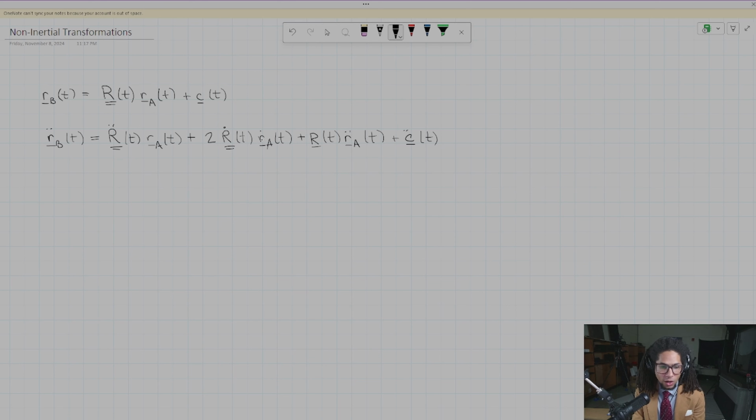So if I want to know what the forces are for RB double dot, I can just multiply this equation by m. So we get mRB double dot. Let me drop my t argument as well, just for the sake of preserving space, is equal to R matrix double dot. Forgetting an m immediately.